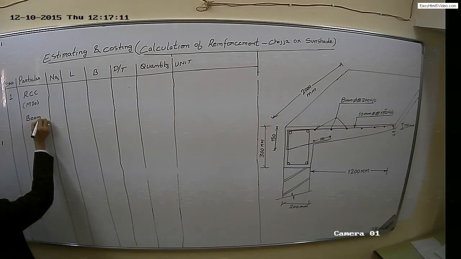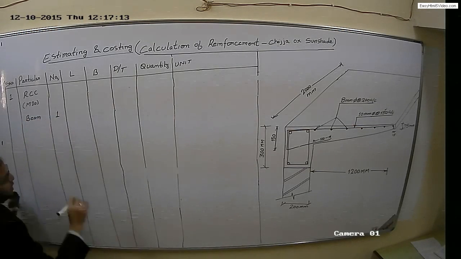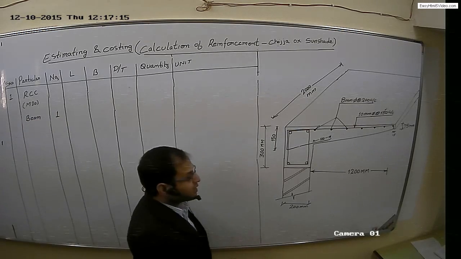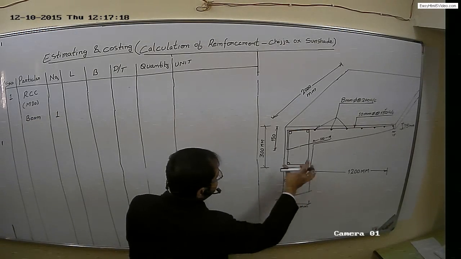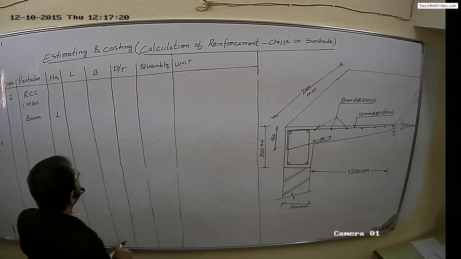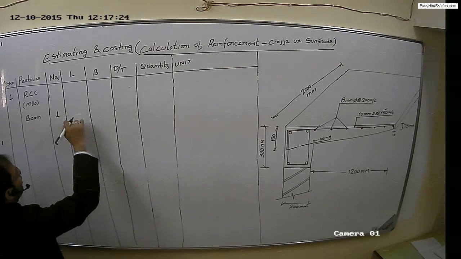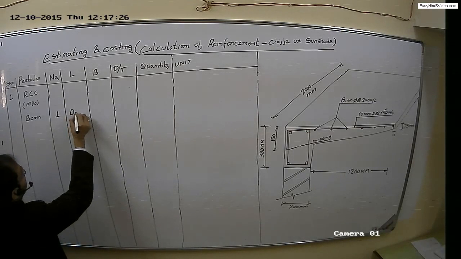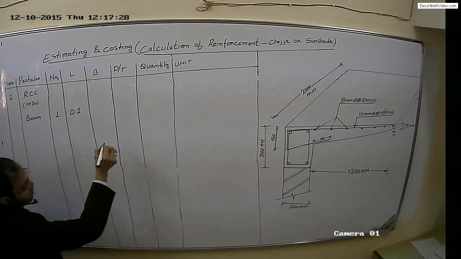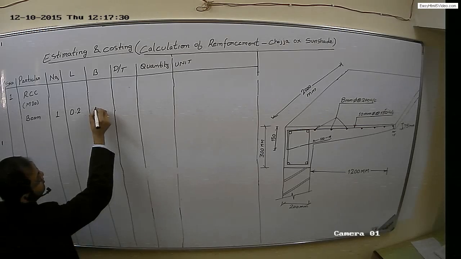So, beam. There is only one beam. The size of the beam is 200 mm by 300 mm, correct? So you have to put all the units in meters.